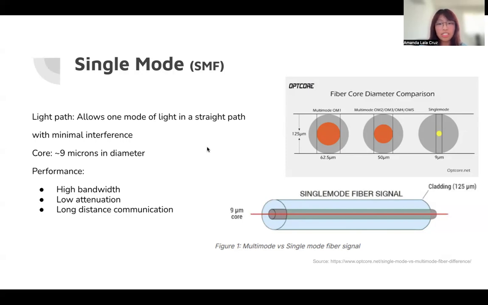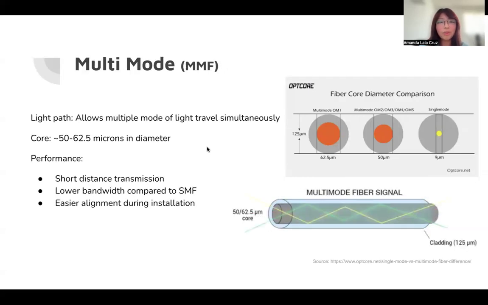In the images, it shows how the single mode fiber signal is very thin, just one straight path, compared to multi-mode fiber. Usually they're all yellow, so that's how you can tell the difference between them both.